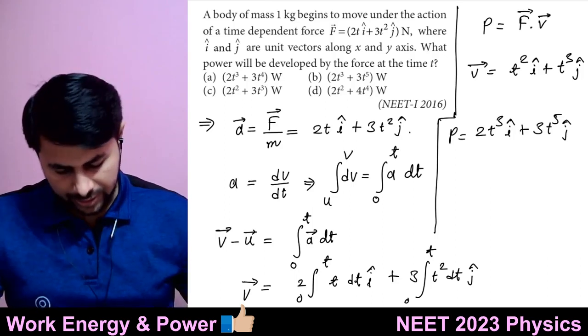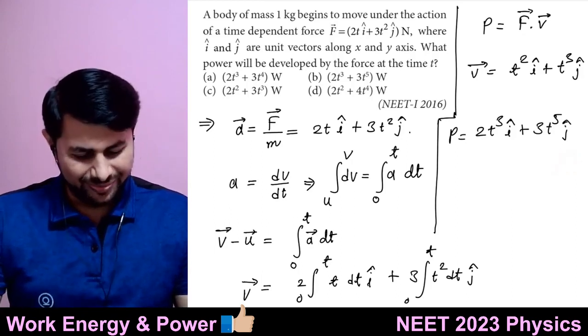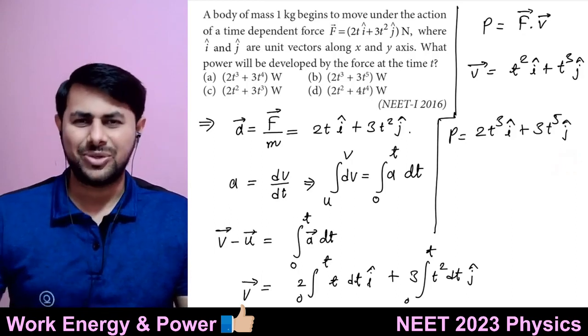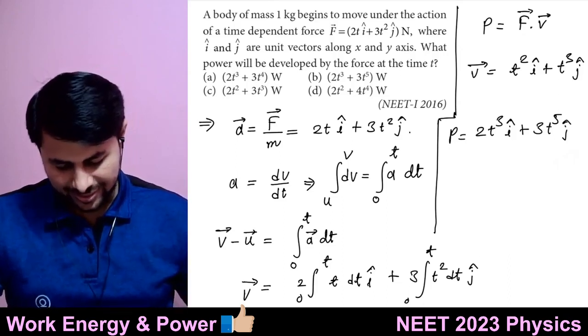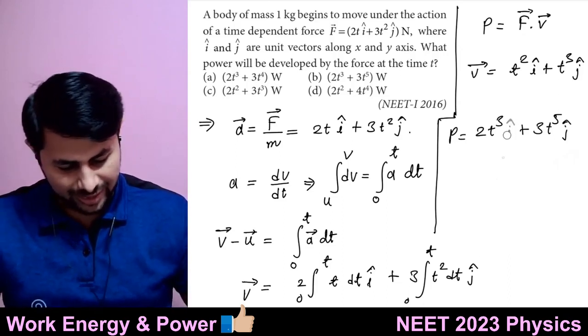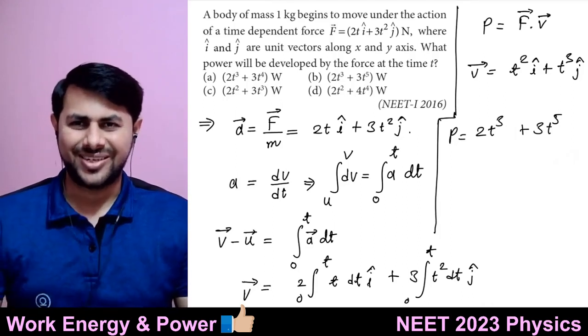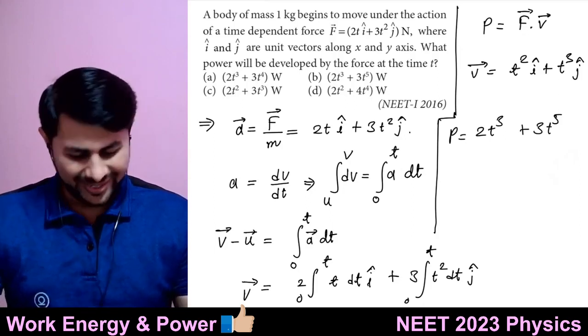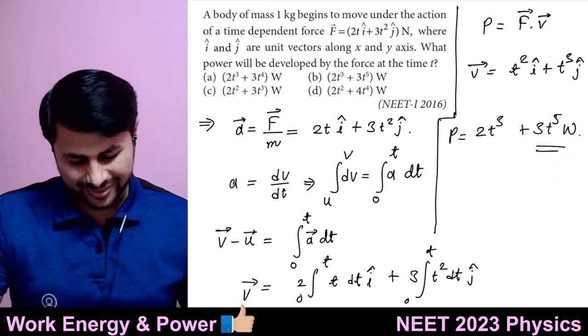One thing I forgot to tell you, the unit of power is watts, right? And one more thing, I made a mistake here. i dot i is 1, j dot j is also 1, right? So what do you get? These many watts. This is the answer.